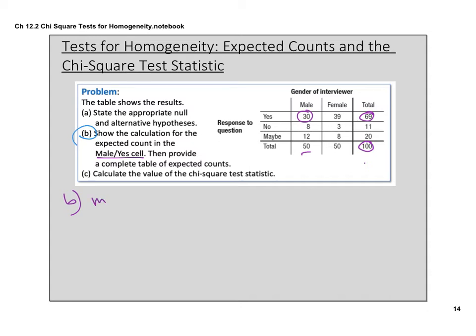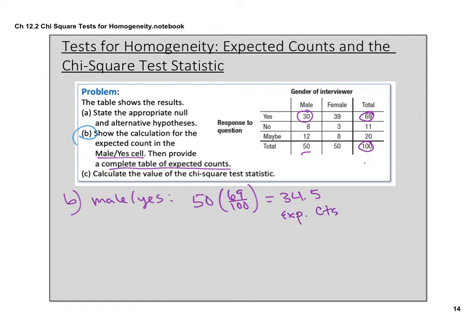So for male and yes, and sorry, I was typing that into my calculator at the same time I was talking to you, so that's probably why you're wondering what is she doing? So for male and yes, we would take 50 times 69 out of 100, and that would be 34.5. Then it says provide a completed table of the expected counts. So I'm going to make my table look very similar to theirs.